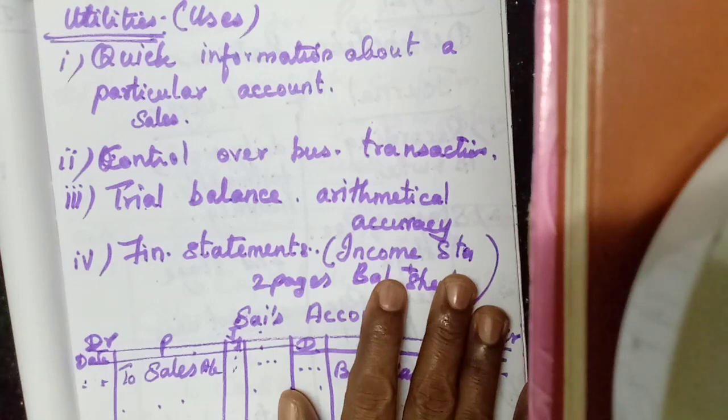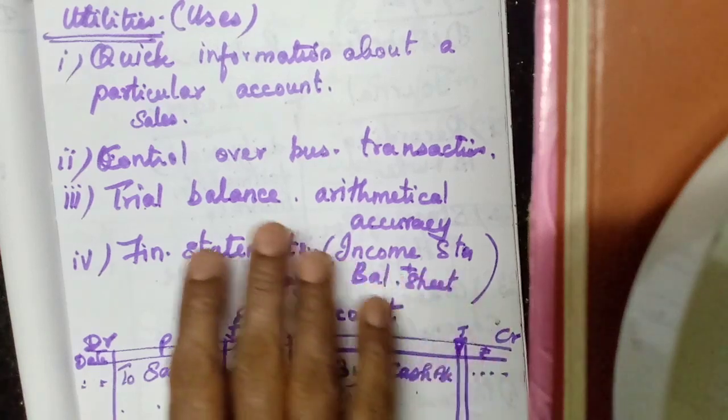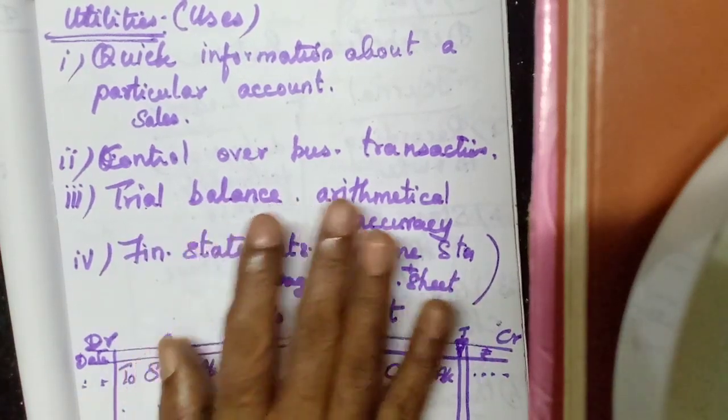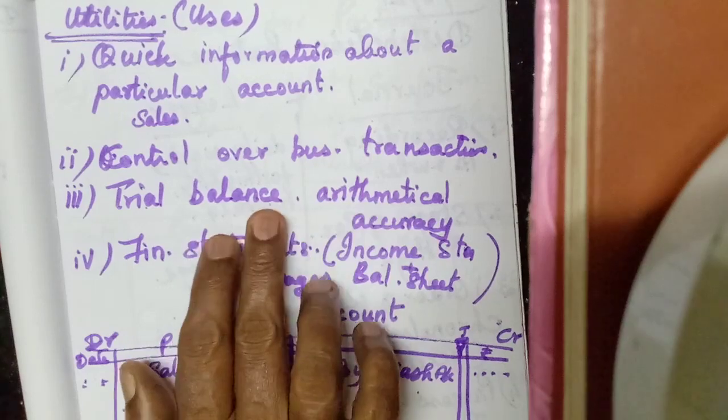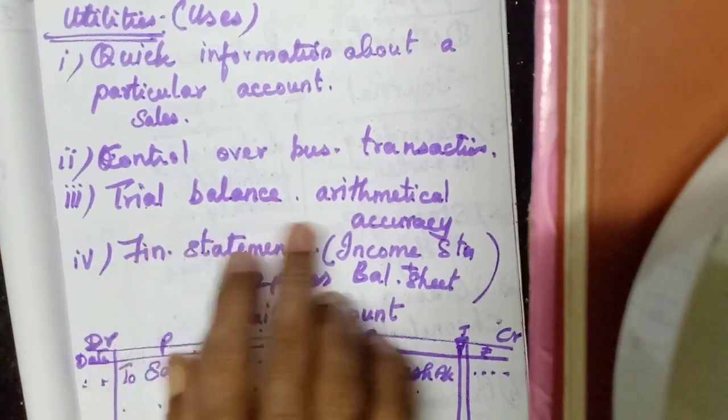We can analyze a particular account balance, why this much, or sales very less, or purchases more, sales less. Then we can analyze, okay, stock is more, so how to sell out this stock, they have to find out a solution. So we can have control over a business transaction since we have the ledger account.